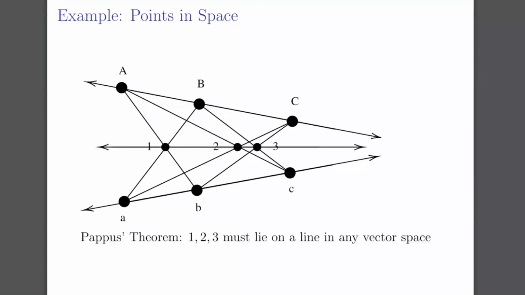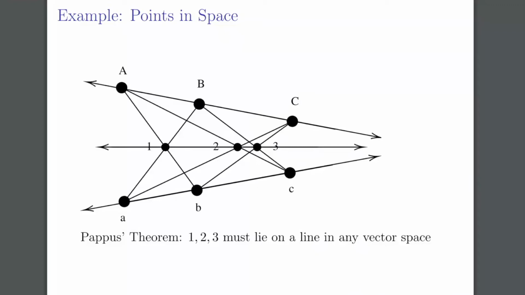And this is actually a very old theorem in geometry called Pappus's hexagon theorem. It says that if I drew this picture in any vector space, then 1, 2, and 3 must lie on a line. And so this gives me a matroid. So this gives me the real matroid. If I were actually drawing this picture, this is the matroid I'm trying to draw.